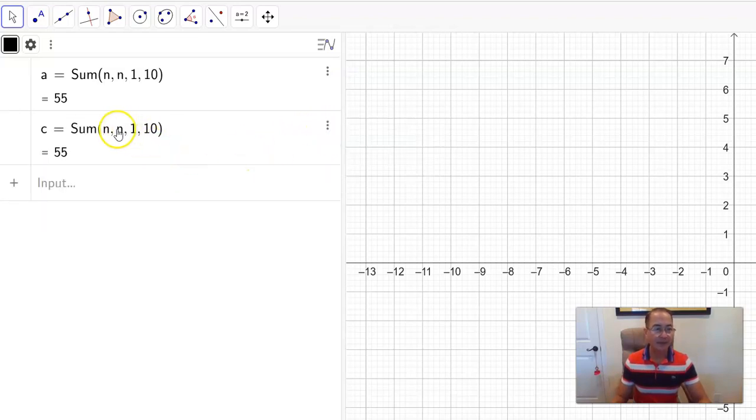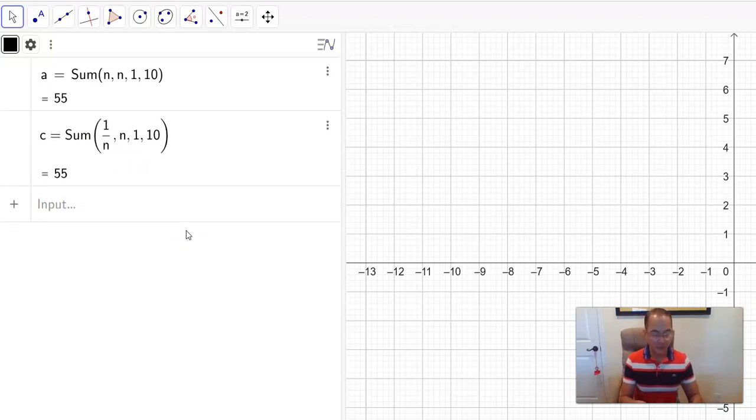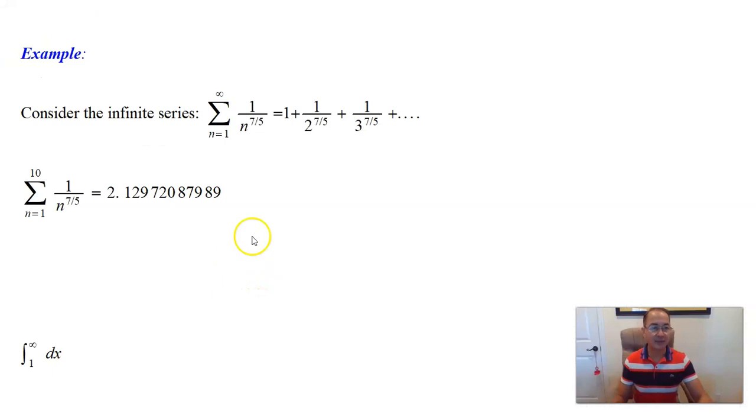What we will do is look at our example, which is 1 over n to the power 7/5. 1 over n to the 7/5. And we're going to get, boom, 2.12972. That looks familiar. Let's go back to our workroom. Memorize that number. Abracadabra, we get the same answer.